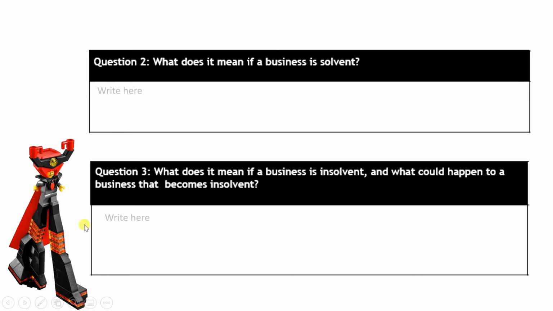Or worse still, how are they going to pay their workers? This thing's going on at the moment. And if you can't pay your workers or your suppliers, can the business actually carry on trading? If they can't raise finance, they're stuck. So this is what happens when businesses become insolvent. They eventually stop. So you need to put that into your words for question 3.